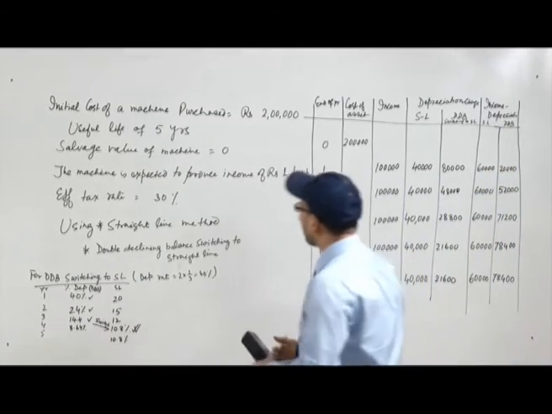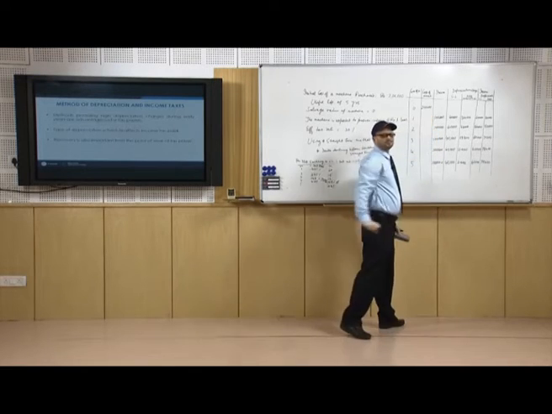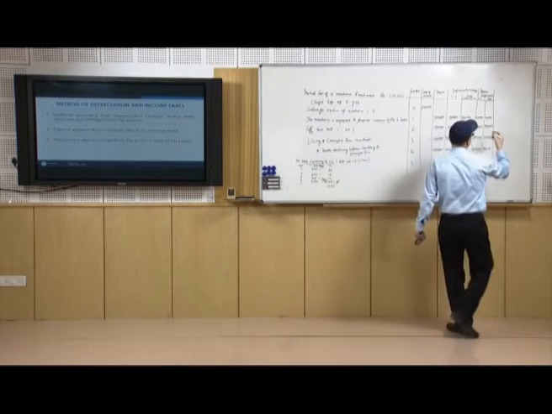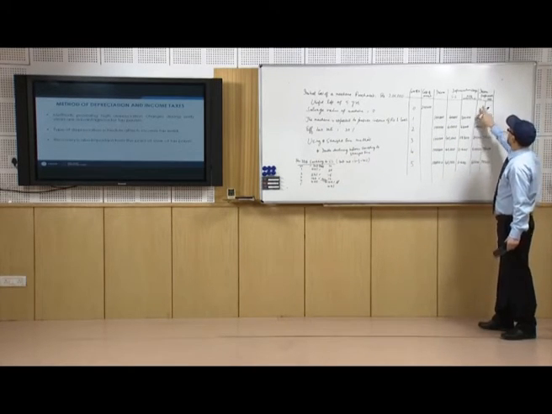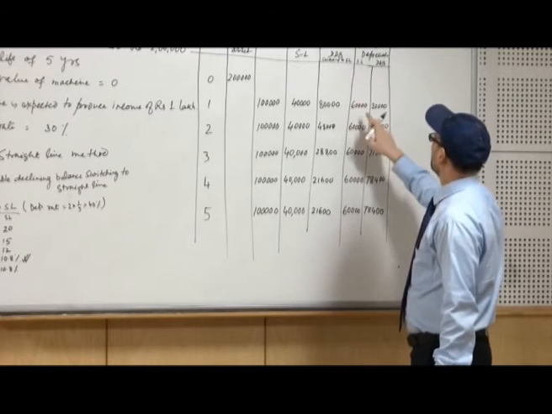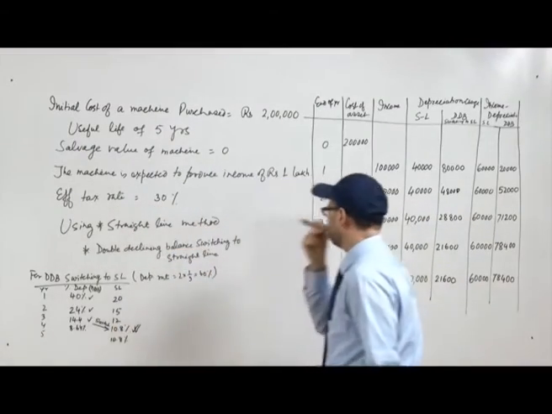So, what will be the tax that will be paid by the person? Let us write the taxes. The tax which will be paid by the person using straight line, we have taken the effective tax rate as 30%.